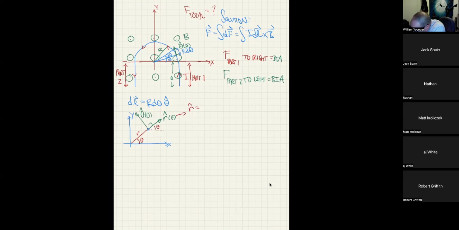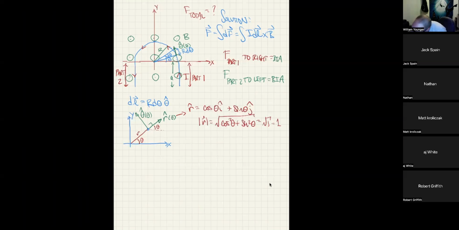I just want one. So I'm just going to say it's cosine theta i hat plus sine theta j hat. And if you check the length of that vector, it's the square root of cosine squared theta plus sine squared theta, which is, of course, just the square root of 1, which is just 1. So it is a unit vector, right?